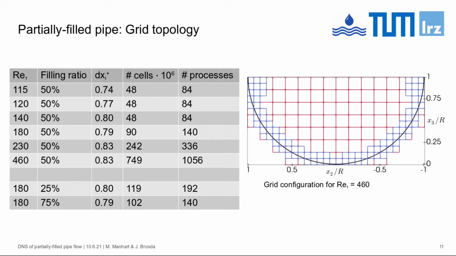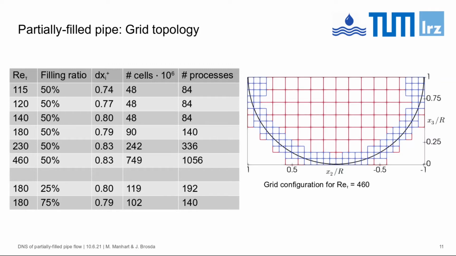You see how the number of cells used to represent the flow increases, and also the number of cores that we used here. For the highest Reynolds number, we employed the zonal grid refinement near the pipe's wall in order to be able to resolve the smaller and smaller structures which emerge at the wall, and also the wall gradient.